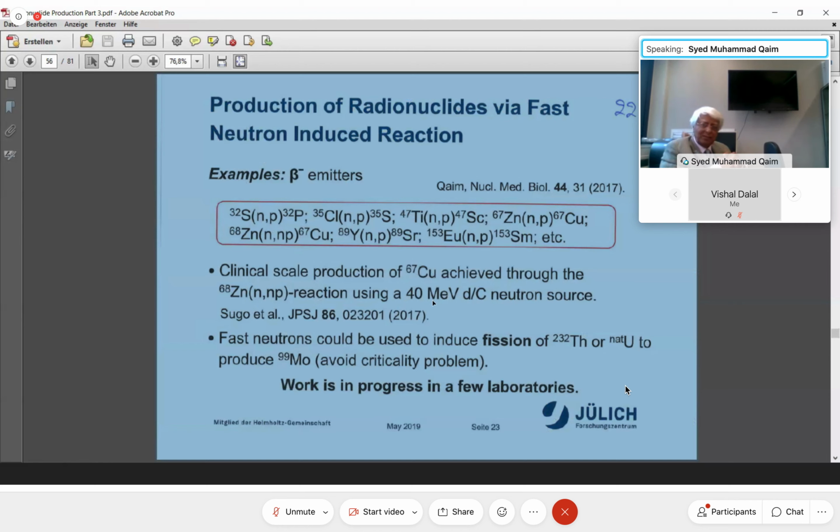Not uranium-235, you can have also fission of natural uranium with these fast neutrons, a fission of thorium-232. And the reason is, for U-235, there is the danger of criticality problem, proliferation problem. So one wants to come away. If you use natural uranium or natural thorium, you can produce some isotopes through fission without a reactor and without the criticality problem.